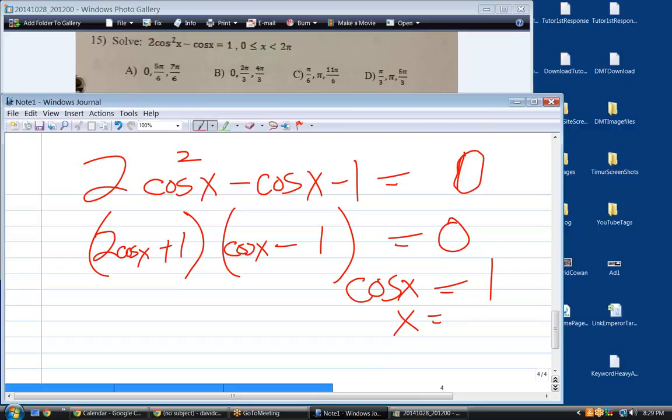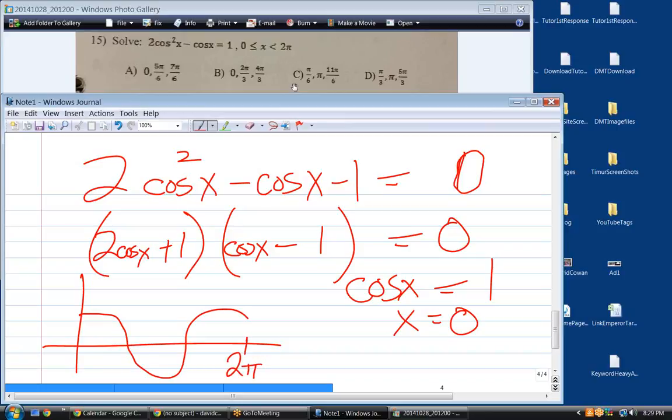Both the sine and the cosine curve you want to be able to create. There's the cosine curve. Where is it equal to 1? At 0 degrees. Also at 2 pi, but notice that 2 pi is not in our domain. It's got to be less than 2 pi.